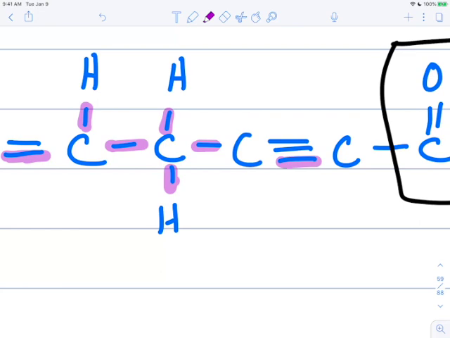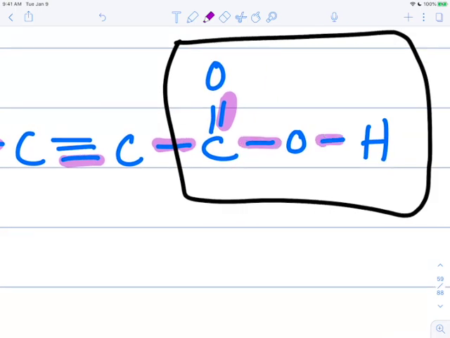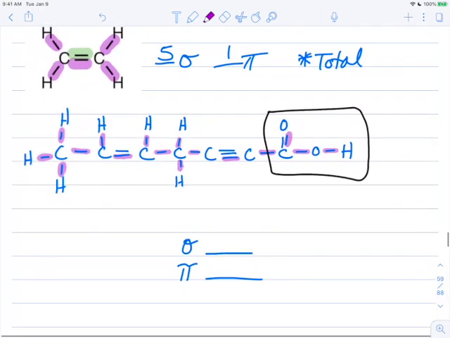Just one, that'll make 11, 12. Just one of these, and I believe we're at 13 now, 14, and 15. And let's see, did I miscount? Let me try it one more time. 1, 2, 3, 4, 5, 6, 7, 8, 9, 10, 11, 12, 13, 14, 15, 16. I did miscount. All right, so it looks like we were at 16 for our sigma bonds. Any questions on how we got those sigma bonds?